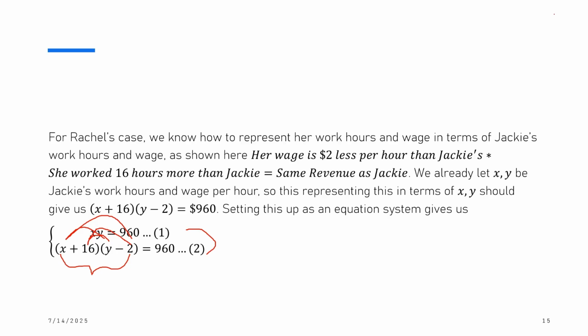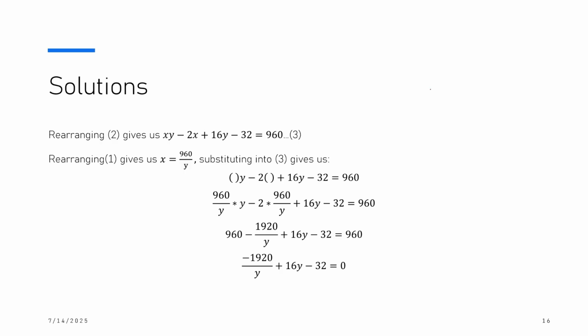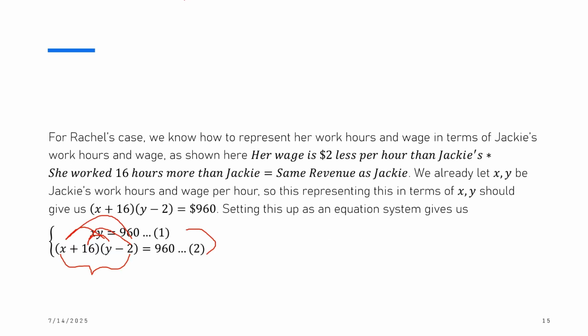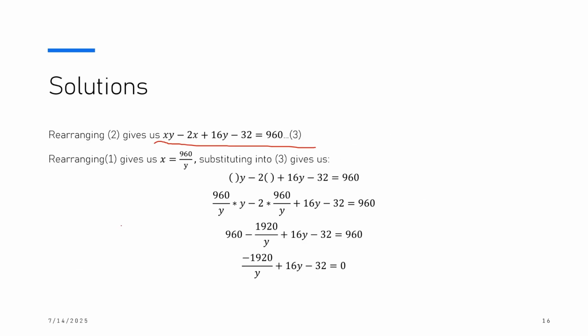I'll explain it in more detail later, but rearranging this using FOIL would give us this expression. And now we can just use substitution by dividing both sides of this equation by y. So we get this.